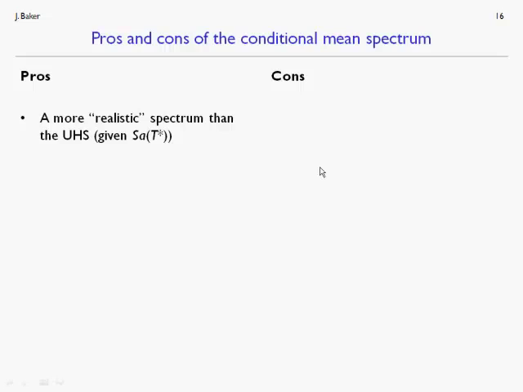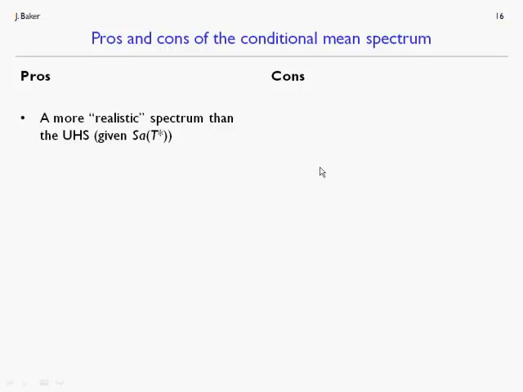Thinking about what we've seen now with the conditional mean spectrum, here's a list of positive and negative aspects of this conditional mean spectrum, especially relative to the uniform hazard spectrum, which is probably the most common target spectrum in use today. So a positive aspect of the conditional mean spectrum is it's a more realistic spectrum than the uniform hazard spectrum if we're conditioning ourselves on spectral acceleration at some specific period, which I'll call T star here.